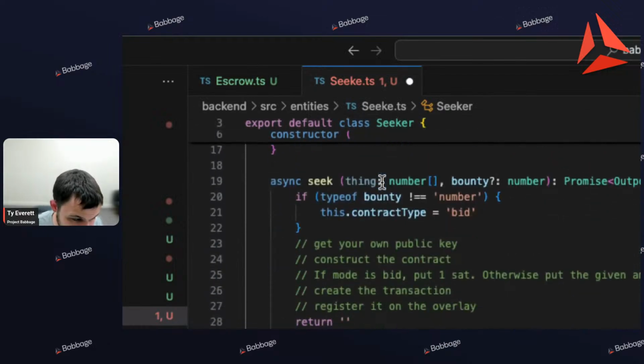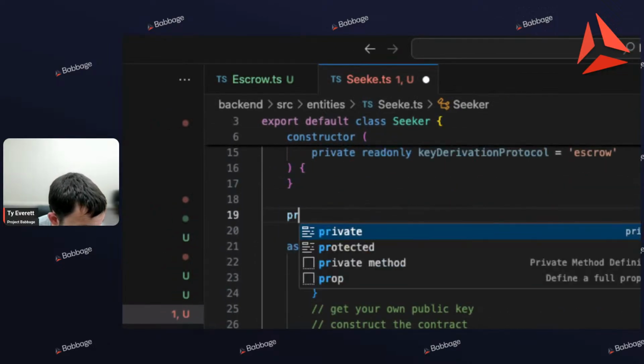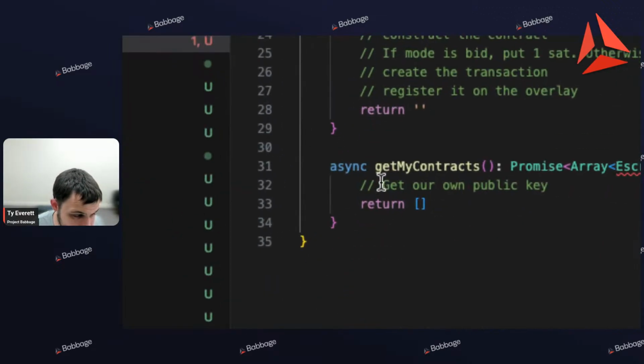So we got this helper method to get the public key.